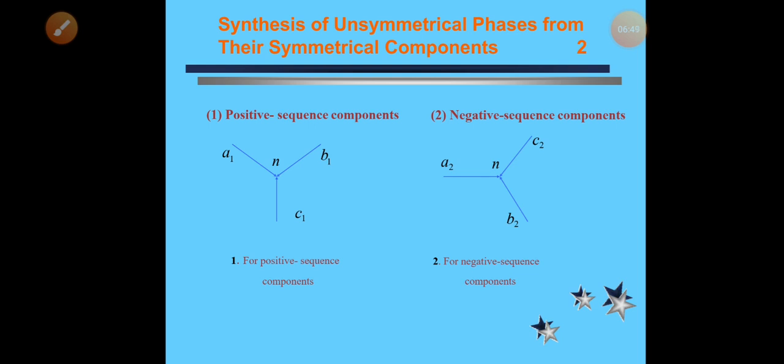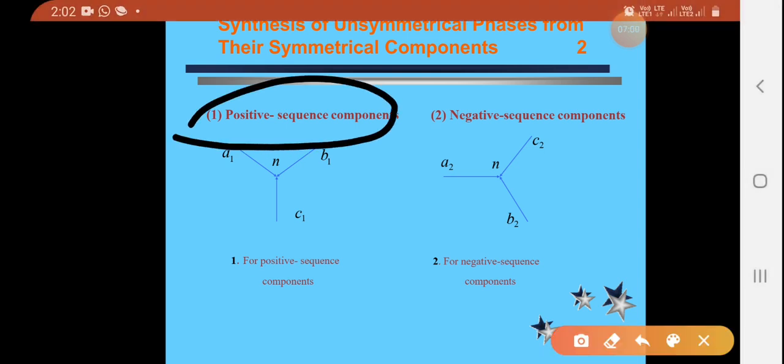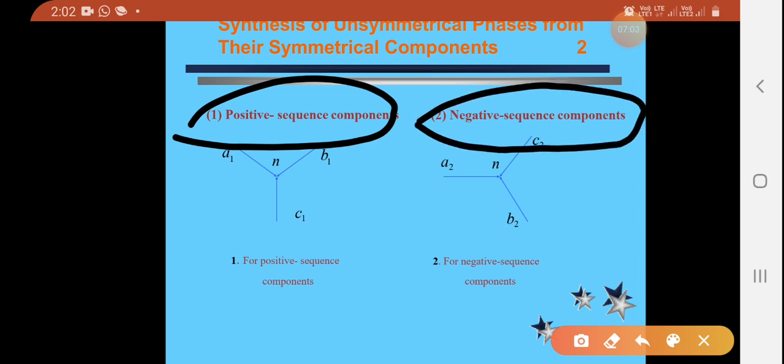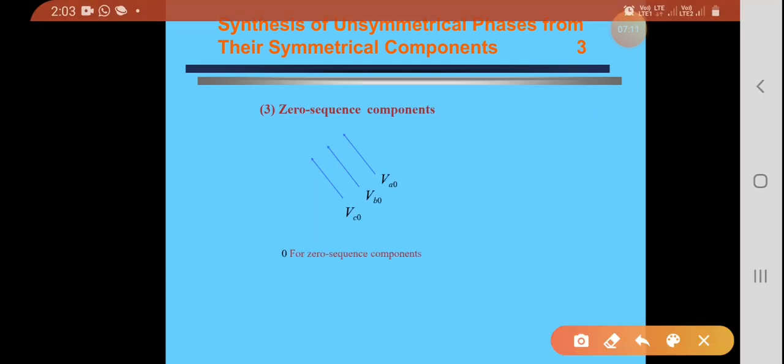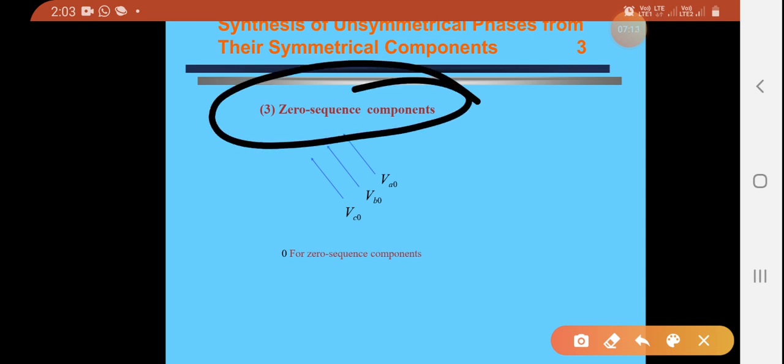The balanced sets of components are the positive sequence components, the negative sequence components, and the third one, the zero sequence components.